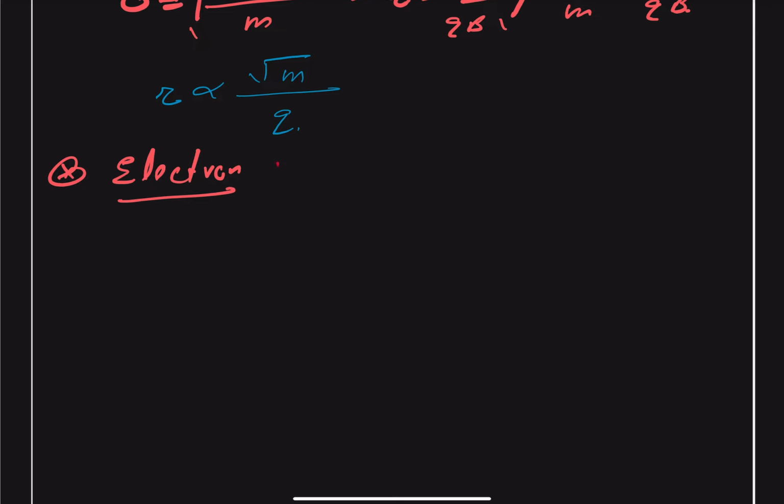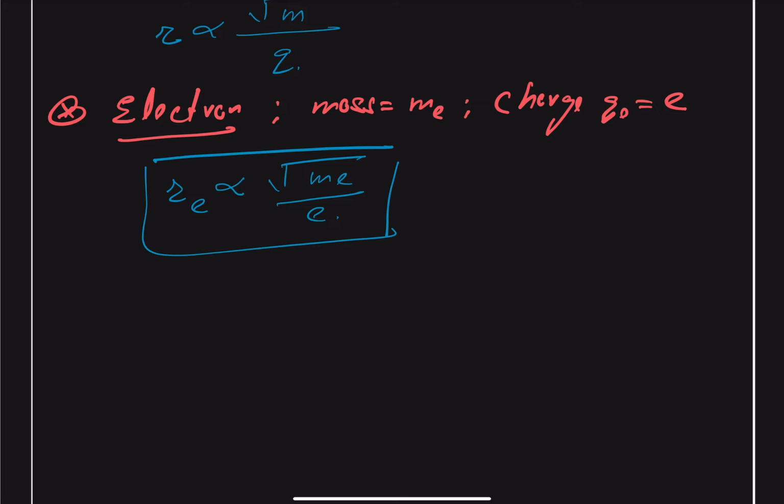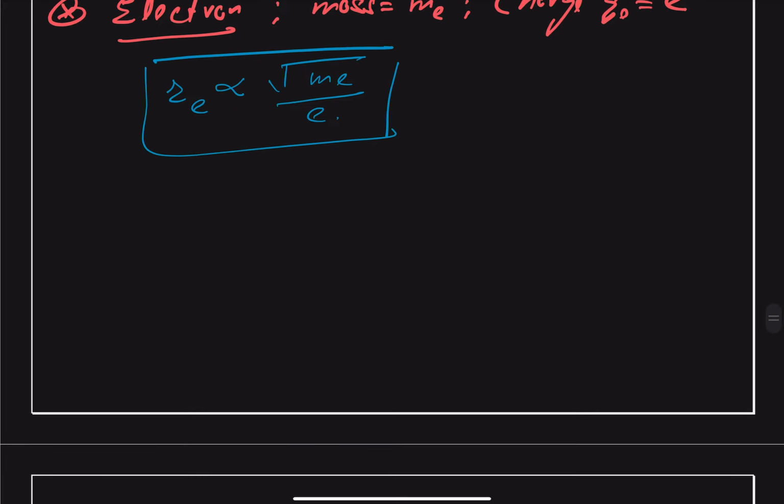Now the electron mass, let us suppose that is me, and our charge, that is our qe, is equal to e. So we can write that our re is proportional to square root of me divided by e. Now we come to the proton.